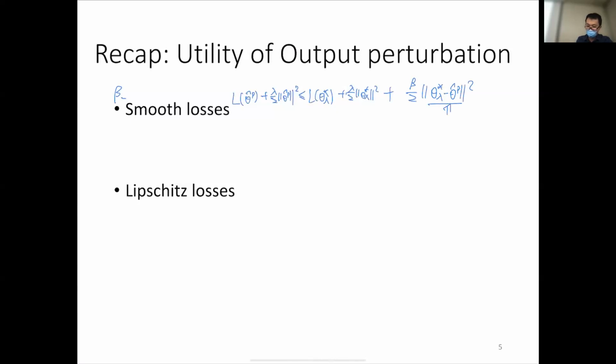And this is exactly the noise that we add, and we know that with high probability, the last term is bounded by half beta times sigma squared times d times this residual term, which is 2 log d over rho, with probability 1 minus rho.